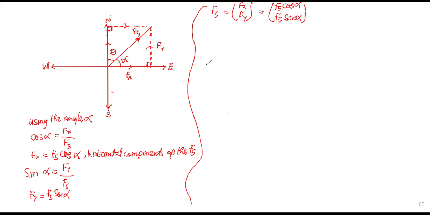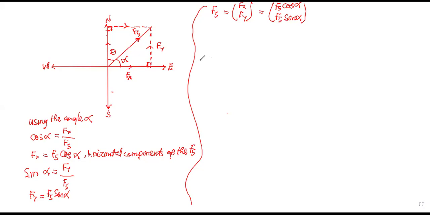F5. Frank? Can there be a case that it could be the tangent, F5 tangent alpha? No, you see, I said we have the hypotenuse and the angles. So we are using what we have to determine the unknowns. That is why we are not considering tangents.